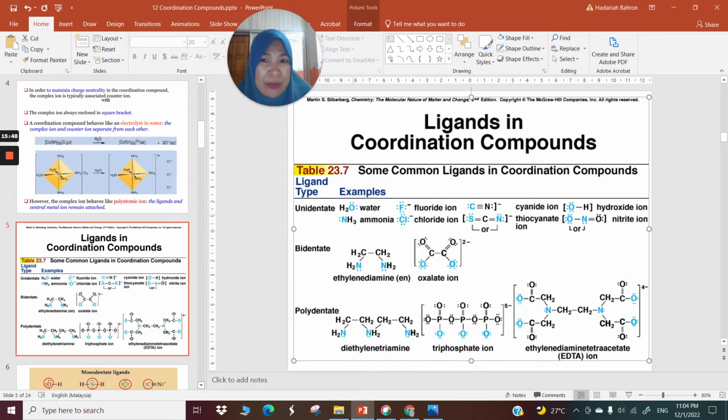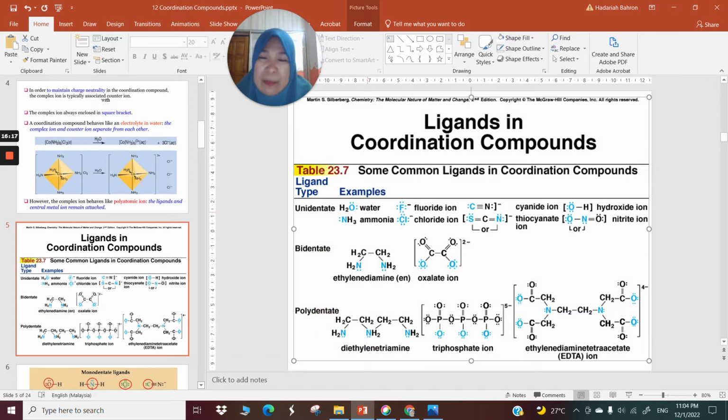Why do you know oxygen is the donor atom? Because the oxygen carries a lone pair of electrons. If you can still recall, ligands are neutral molecules or ions that have a donor atom containing lone pairs of electrons. So anything that has a lone pair of electrons is your donor atom, and you use the number of donor atoms to determine the type of the ligand, being monodentate, bidentate, or polydentate.